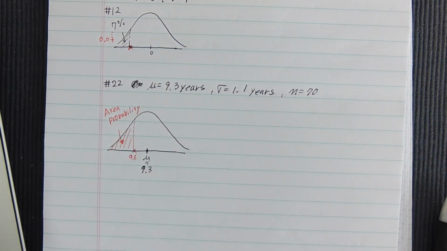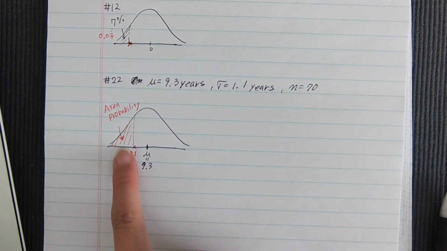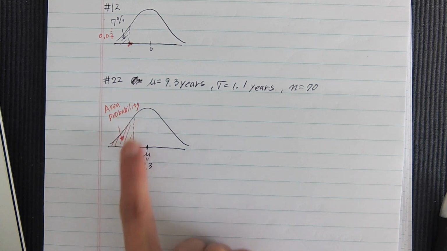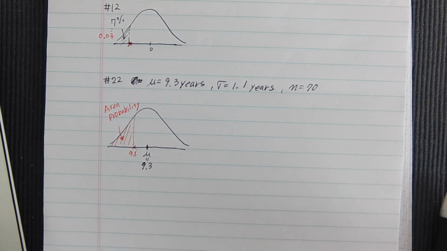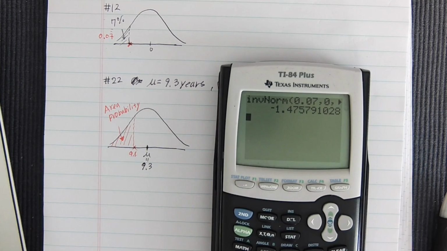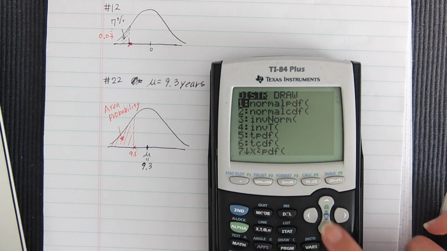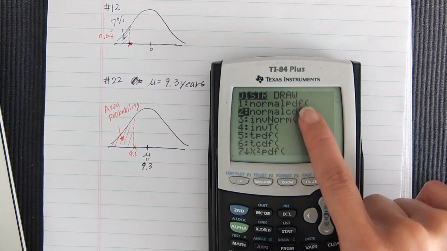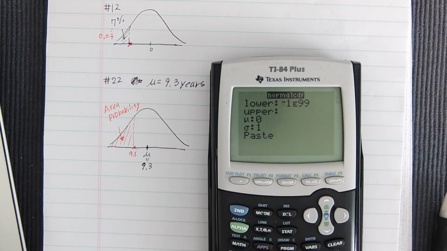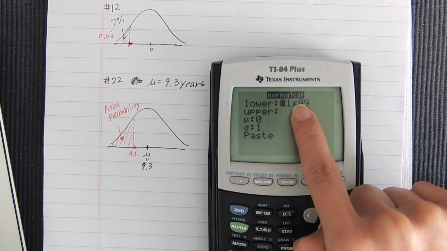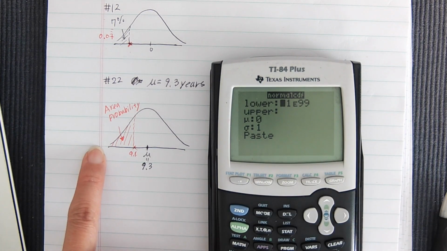You good? Then how do you find that area? How do you use the calculator again? We are going to use normal CDF. What's my lower number here?